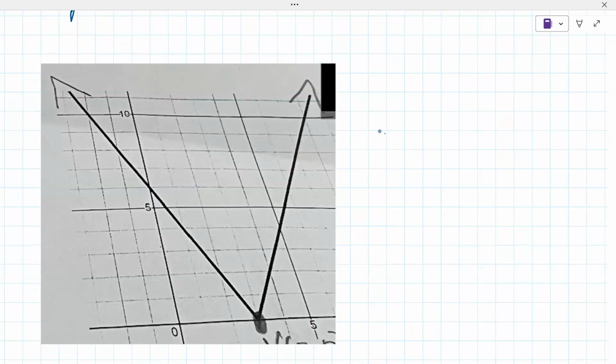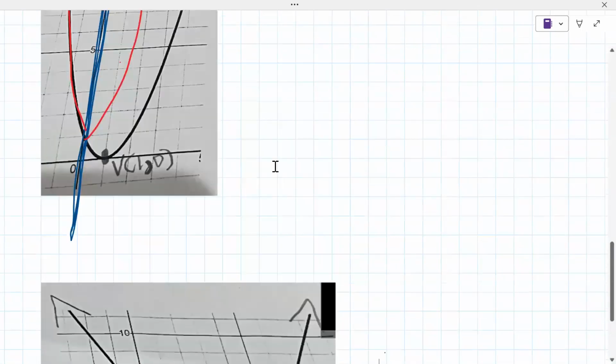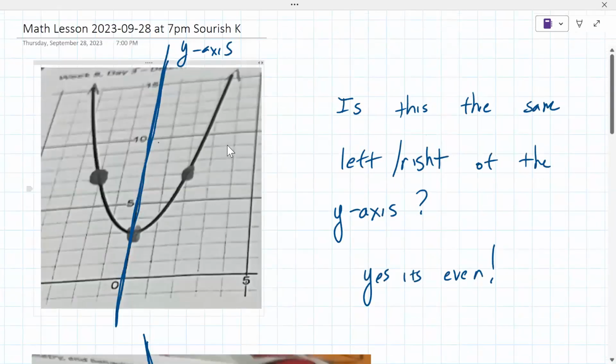It has a specific name. Let's go back and look. I guess you're not taking notes today. What's written up here? The y-axis. Okay, so where should you draw the line? On the y-axis.